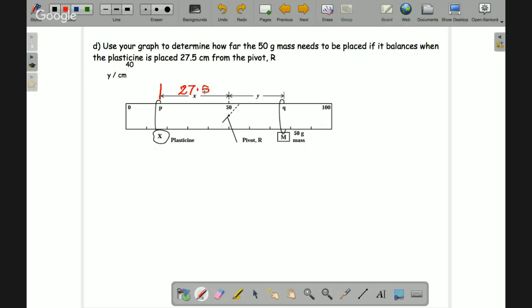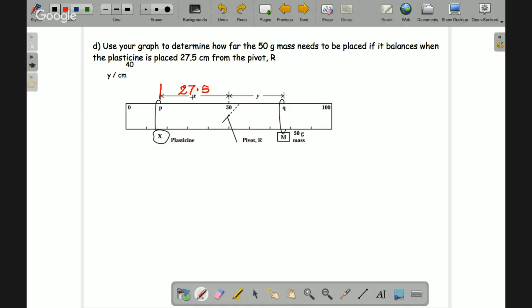So you basically need to use the graph to determine the value of y for x equal 27.5.